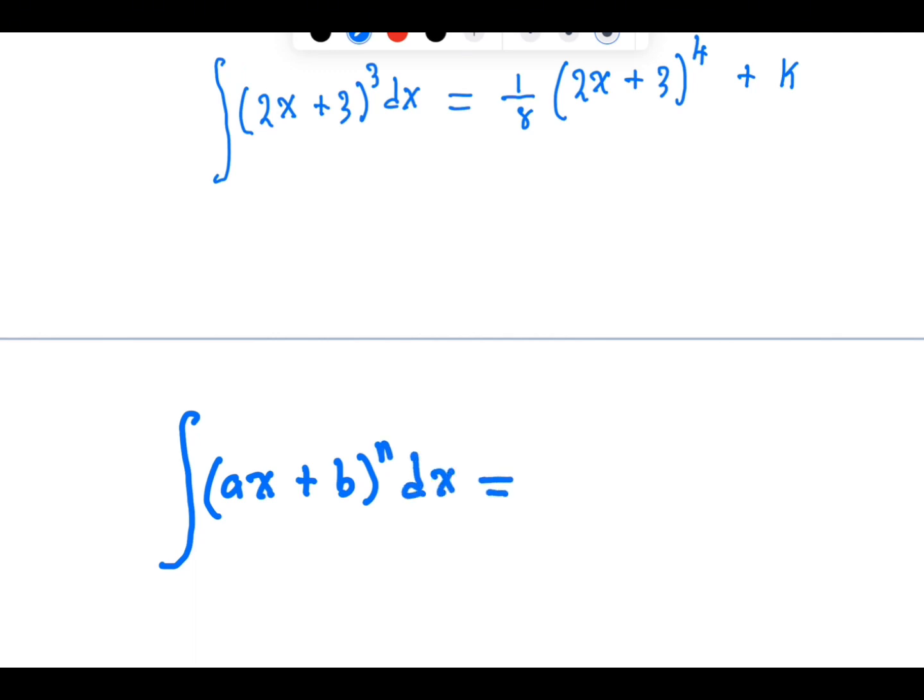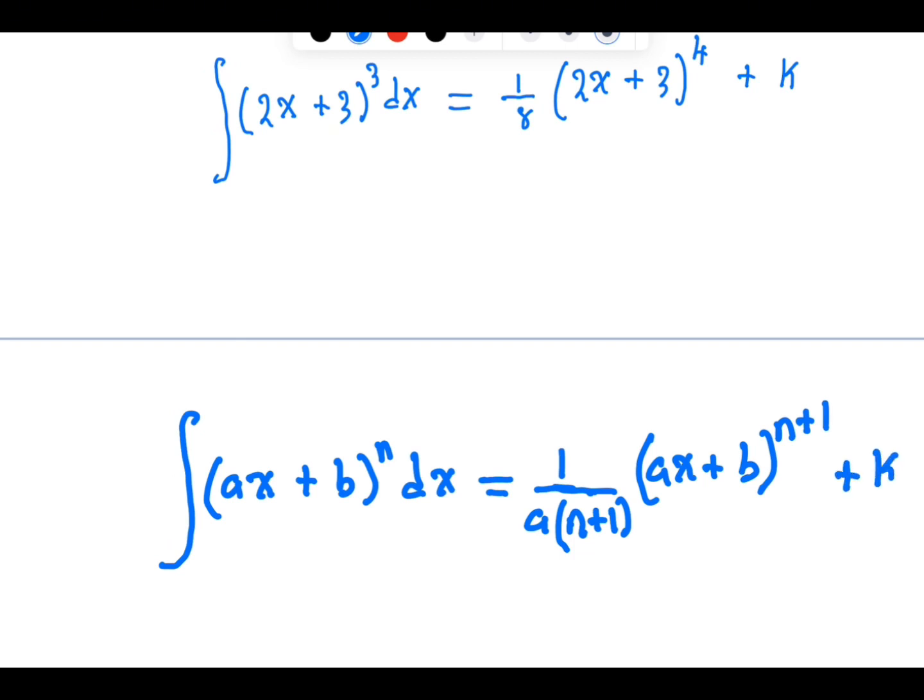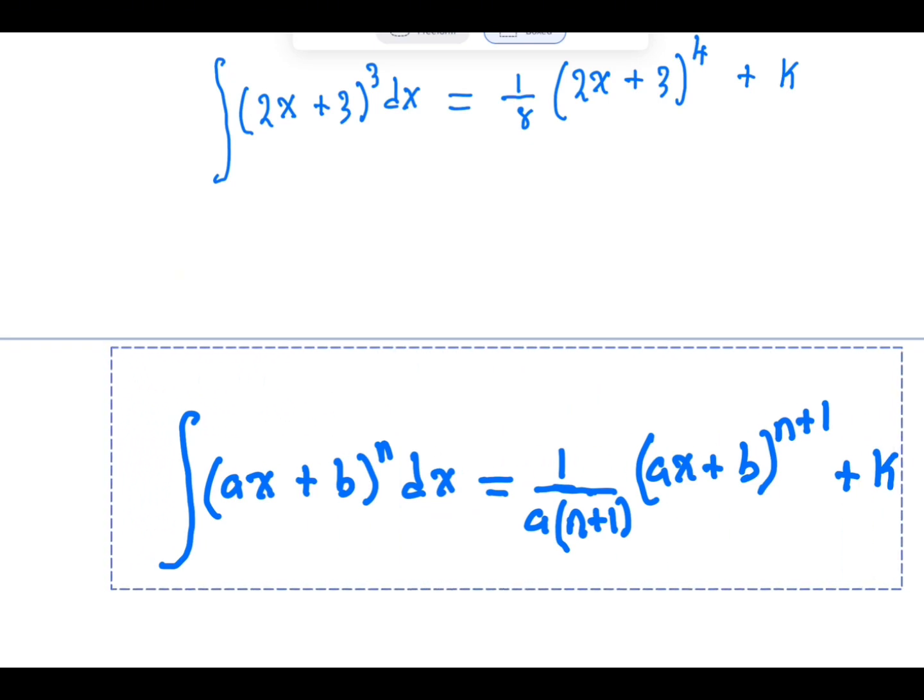This must be equal to 1 over, here when you differentiate ax plus b, you get a, multiplied by the new exponent, because when integrating, you always have to increase the power by 1. So now this becomes n plus 1. All of this into ax plus b all to the power of n plus 1, that is the new power, plus the constant k.